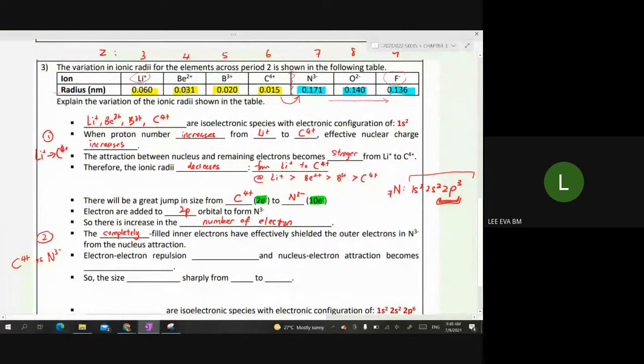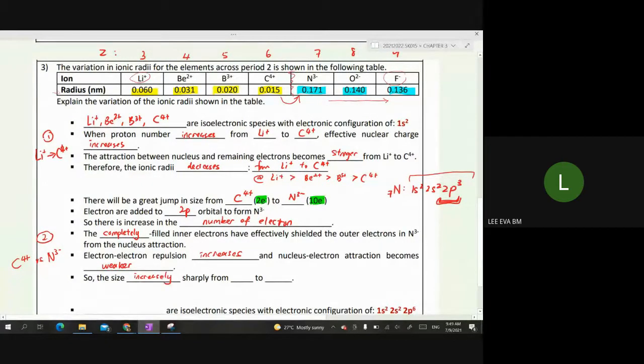Therefore, your electron repulsion increases or decreases? Increases. And the nucleus-electron attraction becomes weaker. So the size increases sharply.